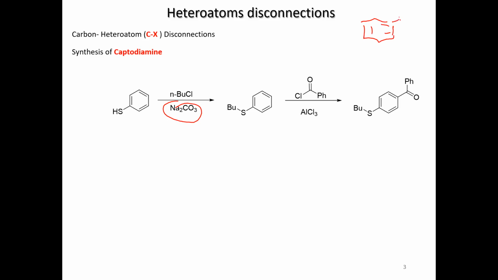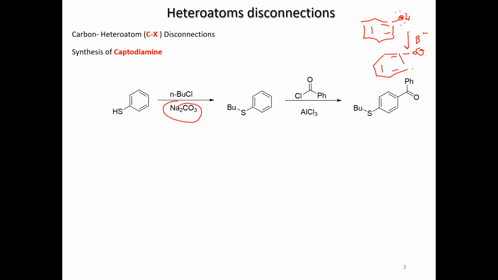Very often, the two lone pairs of the oxygen on the phenol are not nucleophilic enough. So you use a base to create the corresponding phenoxide, and this one is far more nucleophilic. The same is for the sulfur. It's slightly more nucleophilic than the phenol itself because the sulfur is more nucleophilic than the oxygen.